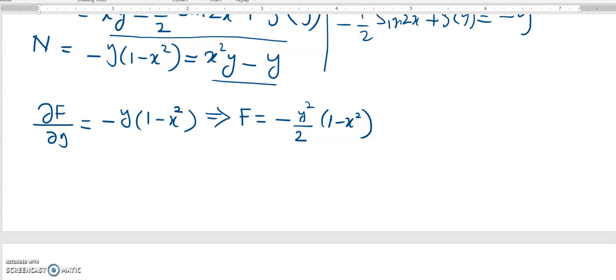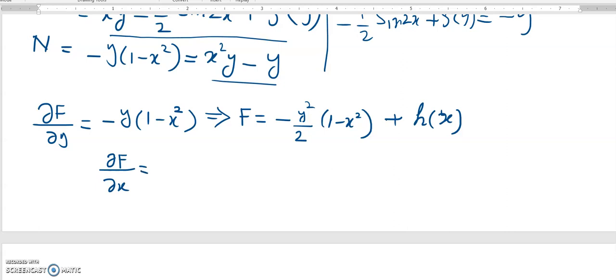Okay, and then plus a function, you can say in this case h of x. Okay, h of x, in this case the constant of integration. So now I can take the derivative of f with respect to x.